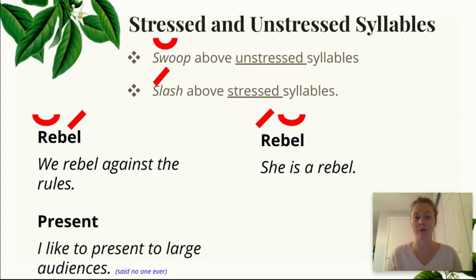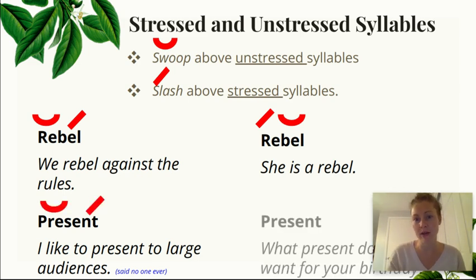Here's another example. I like to present to large audiences. Present. You can hear that the stress is on the second syllable. But what if we change the stress? What present do you want for your birthday?